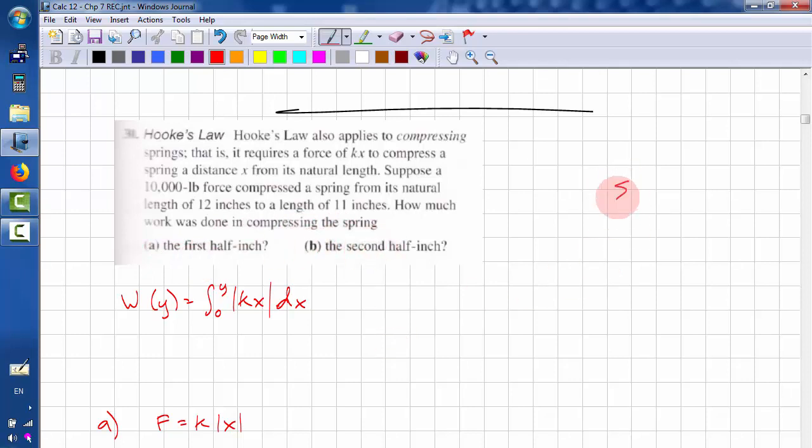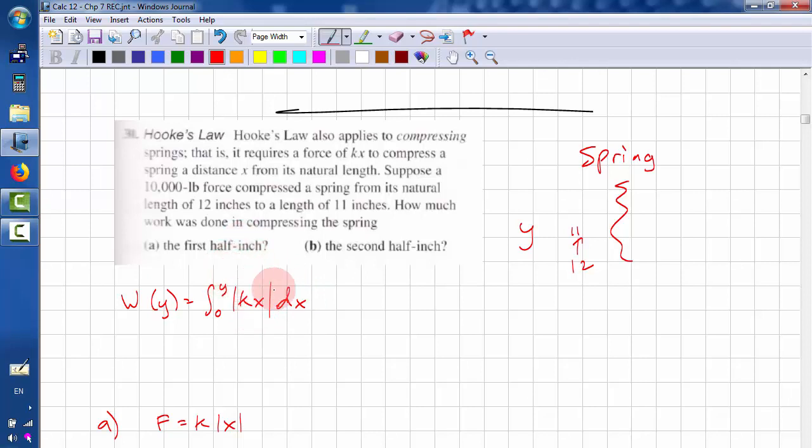So, looking at our diagram, this is our spring. We have 12 inches, and we're compressing it to 11 inches. And this is our y direction. Okay, so work is defined as the integral of the force integrated over the distance.